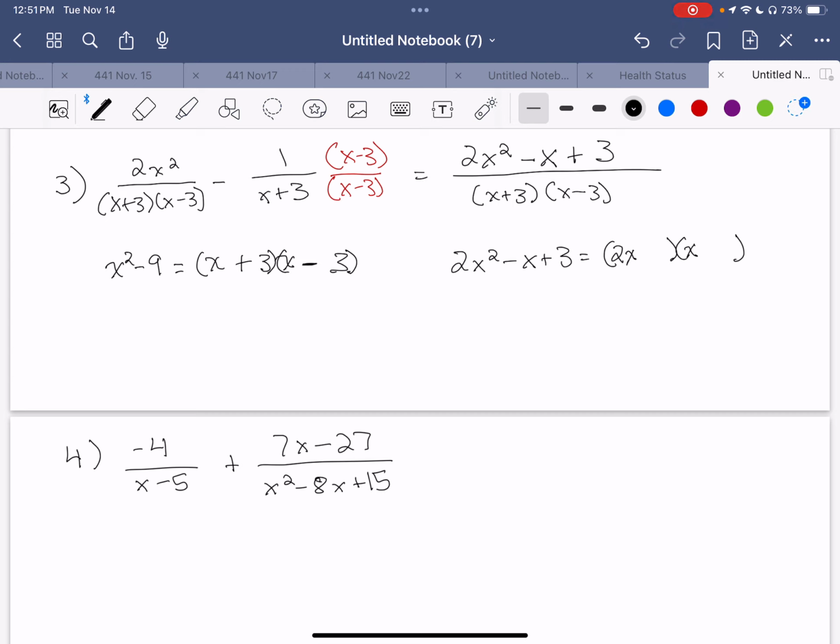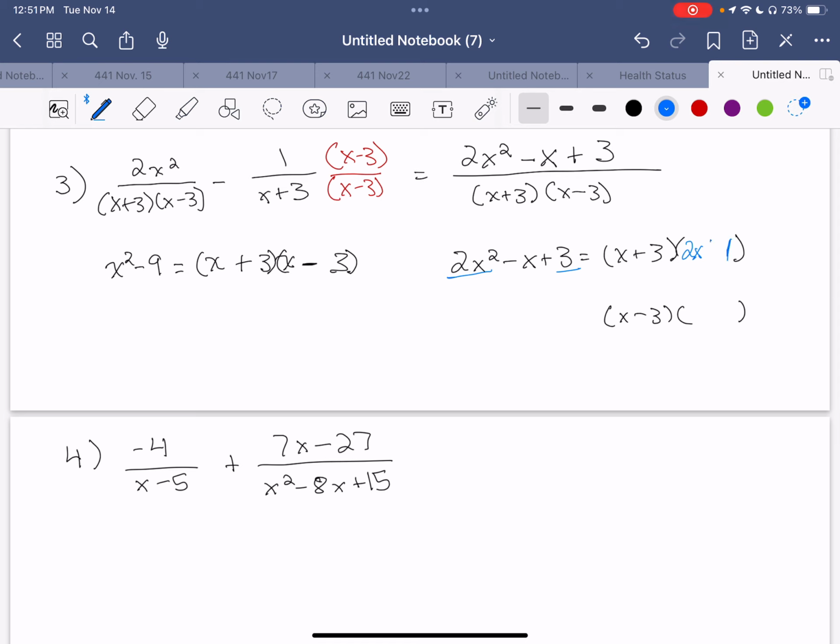So why don't we look at it that way? X plus 3 or x minus 3, does it work? So what would it have to be? X plus 3, if I want to get 2x squared, I need 2x. If I want to get 3, I would need 1.